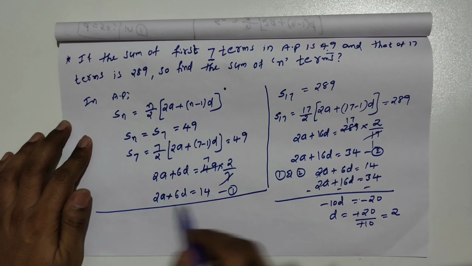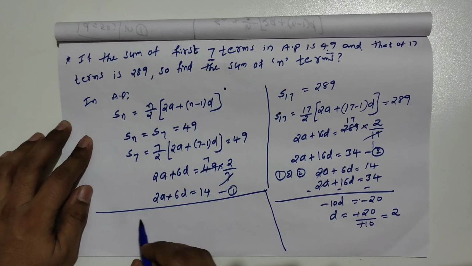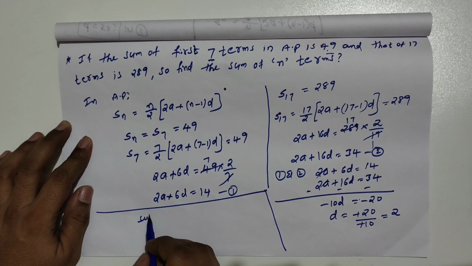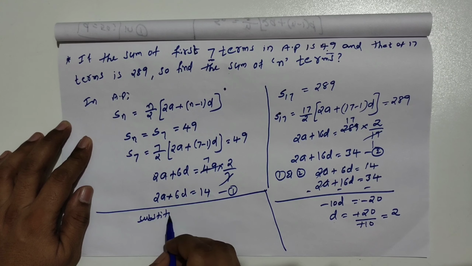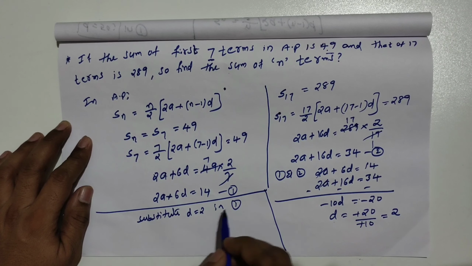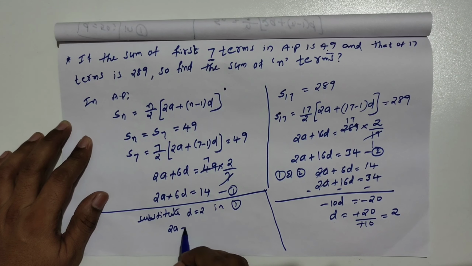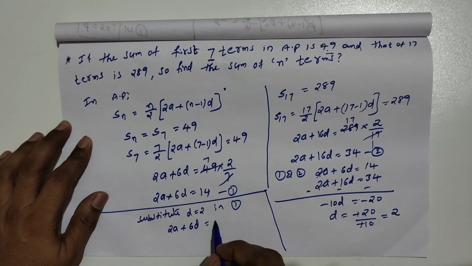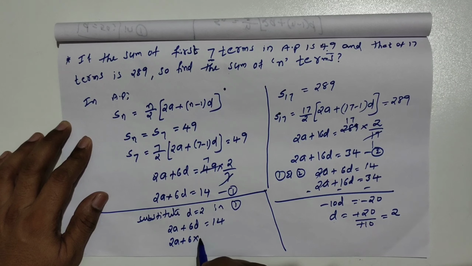So now, substitute d is equal to 2 in equation 1. So 2a plus 6d is equal to 14. So 2a plus 6 into 2 is equal to 14.